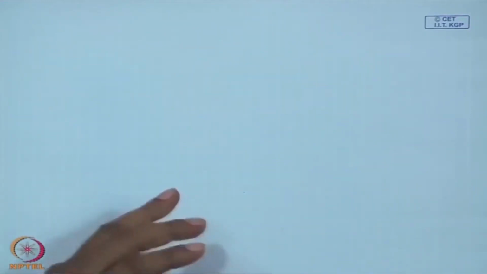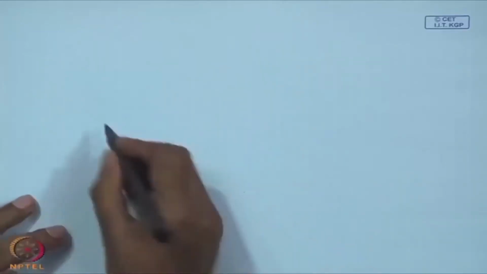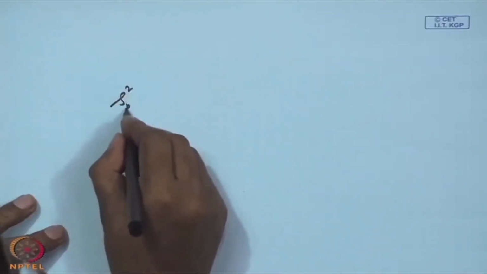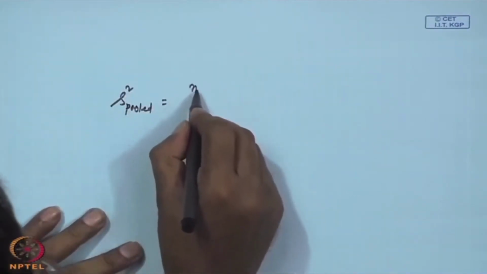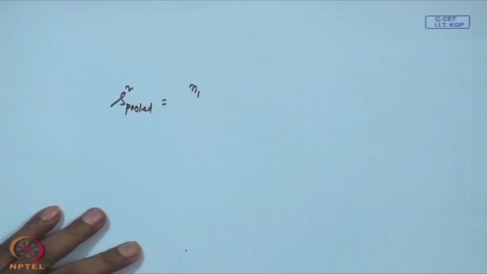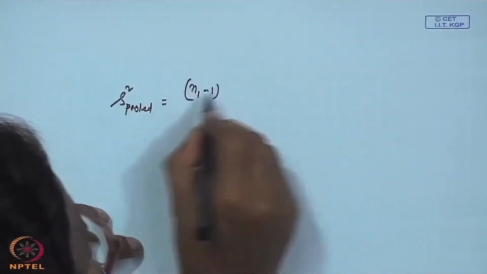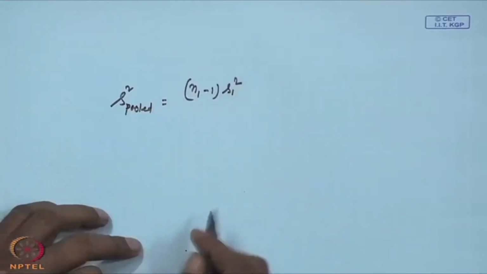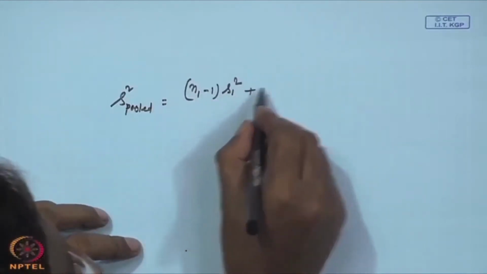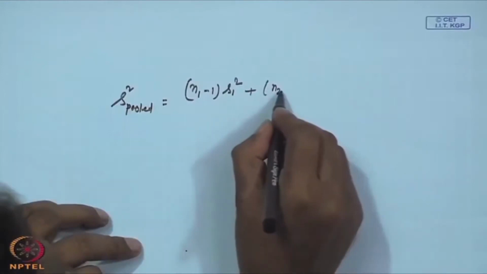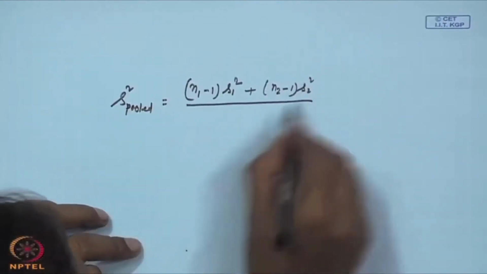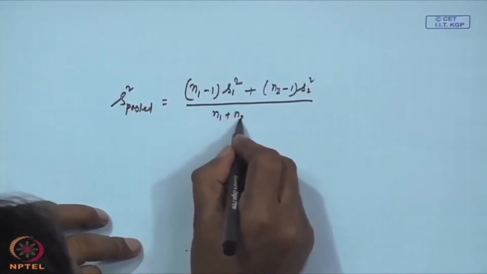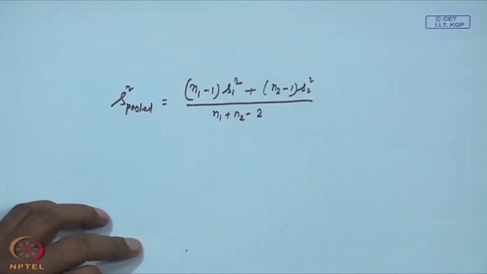Write S square pooled equals n1 minus 1 times S1 square plus n2 minus 1 times S2 square, divided by n1 plus n2 minus 2.